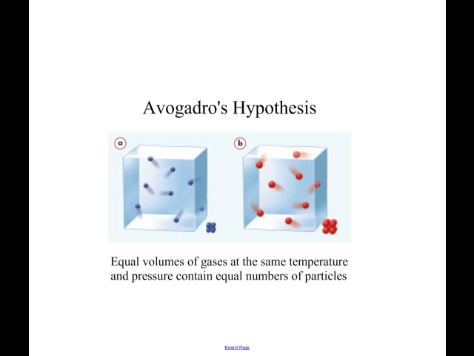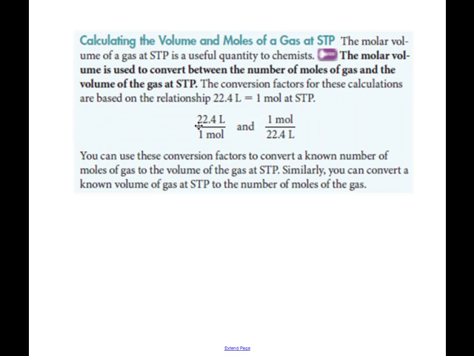So if you have a gas and it's at standard temperature and pressure, then 1 mole of that gas will take up 22.4 liters. Any gas. It could be argon, sulfur hexafluoride, krypton, chlorine gas, oxygen gas, hydrogen gas, anything. Any gas, as long as it's at STP, then 1 mole of it will take up 22.4 liters.